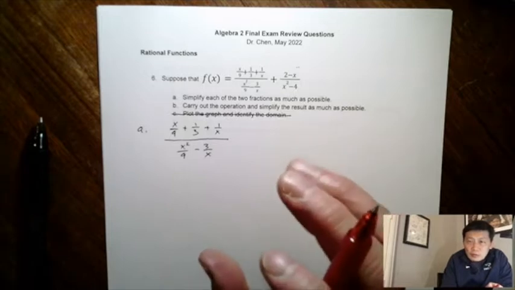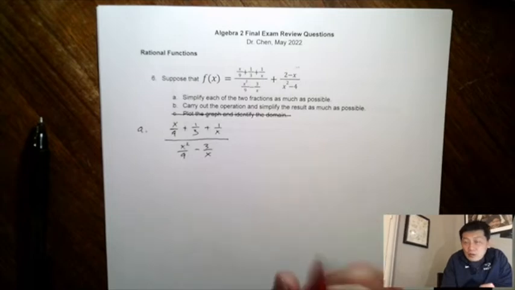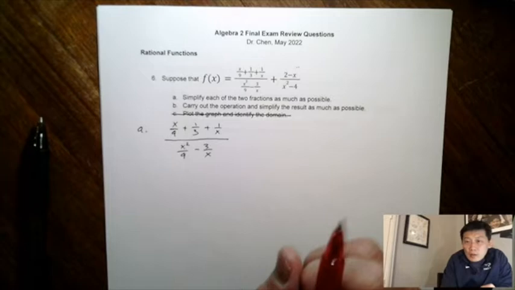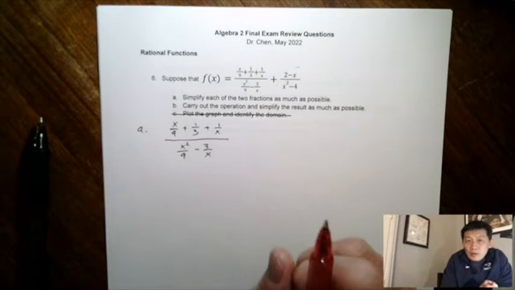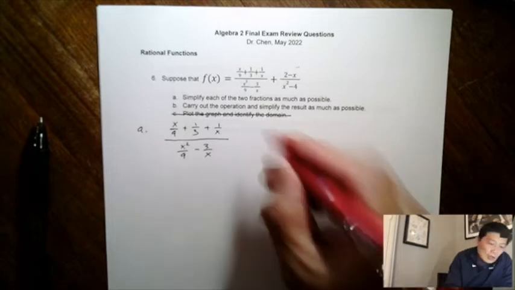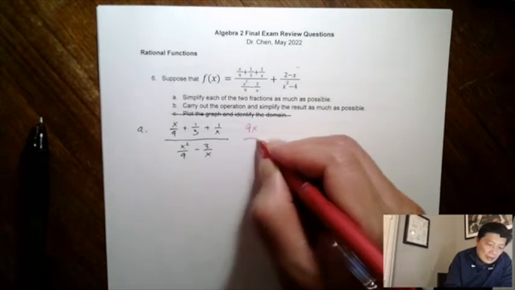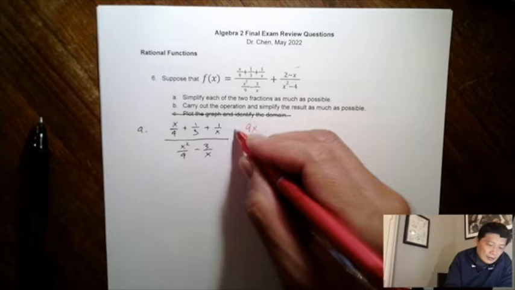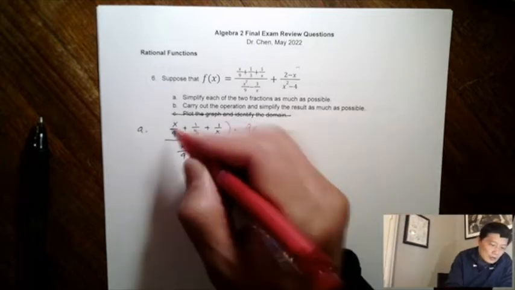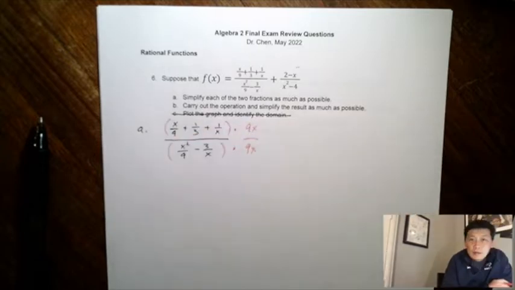You have to maintain its integrity, so the only way you can do it is multiply by 1. But 1 can be something over something as long as they're the same. So I can think of it as multiplying by 9x on top and bottom.